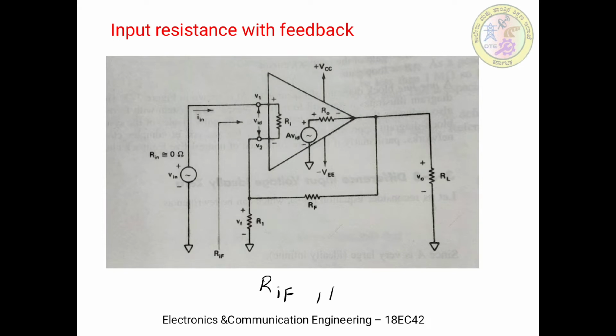And the other one, RI, represents the input resistance of the op-amp in open loop. So by looking at the configuration here, RIF, input resistance with feedback, can be defined as the ratio of V in by I in.